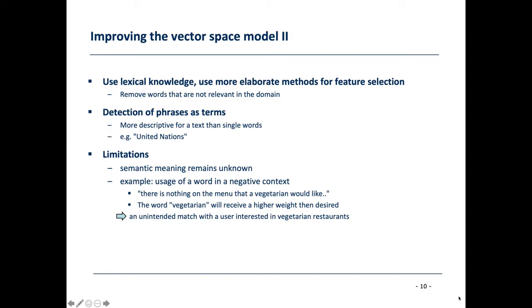We can remove words that we know are absolutely not relevant to our domain. We can obviously have more than just simple tokens that we extract. So United States of America would obviously be something we would want to extract. United Nations, as an example, would be something we would want to extract.